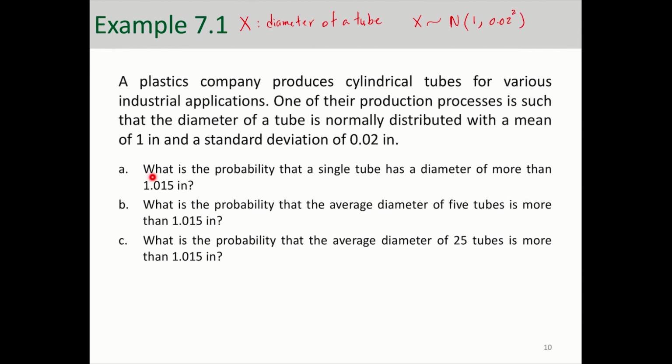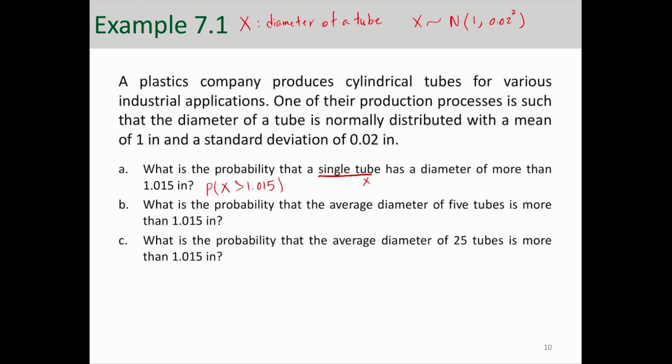Part A says, what is the probability that a single tube has a diameter of more than 1.015 inch? A single tube's diameter is x, right? And we want to know the probability that x is more than 1.015.